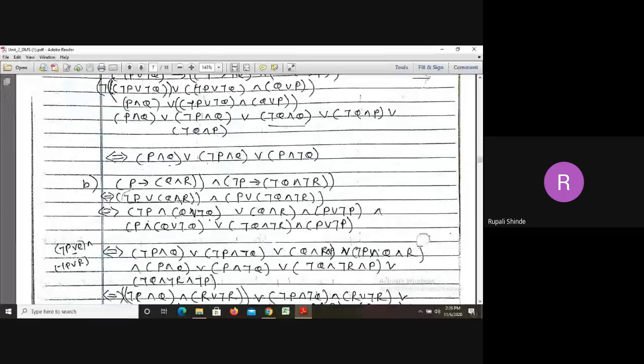And again we have to remove this second conditional as negation of negation P is P, or the second term as it is.